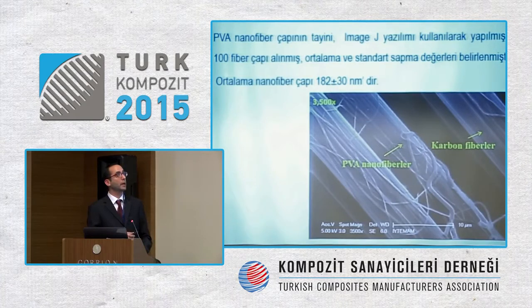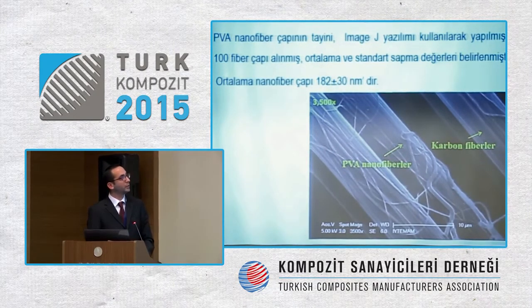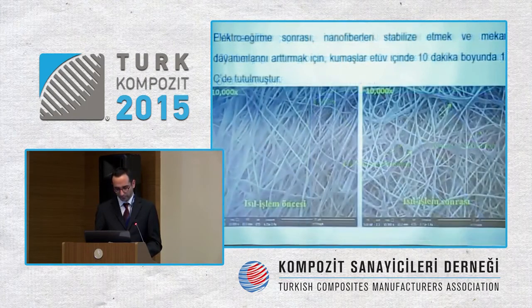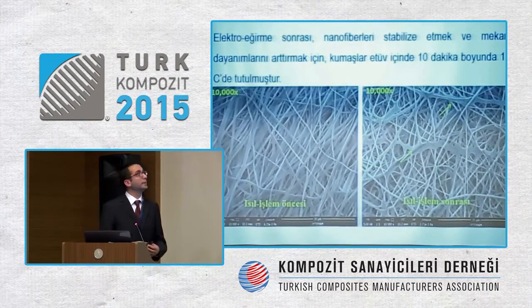The nanofiber diameter: over the SEM images, 100 fiber diameters were taken, and their standard and average deviation figures were identified. And you can see PVA nanofibers, and the average nanofiber diameter is 182 plus minus 30.